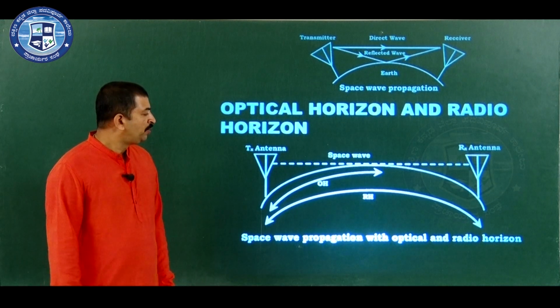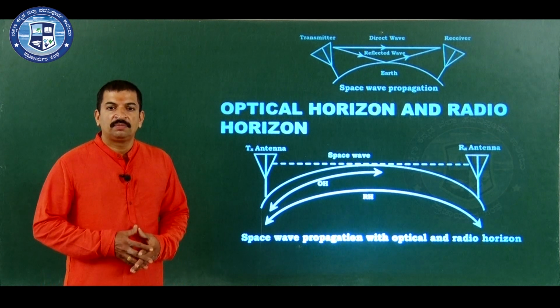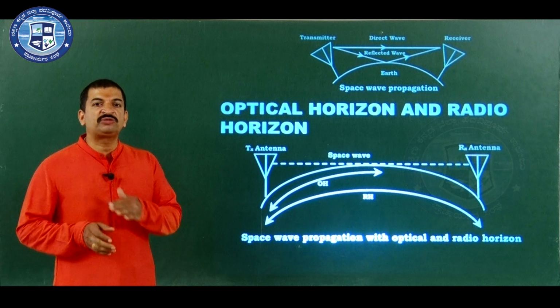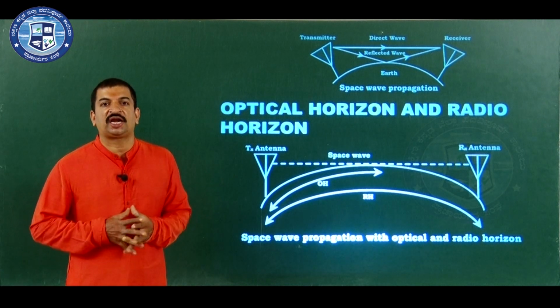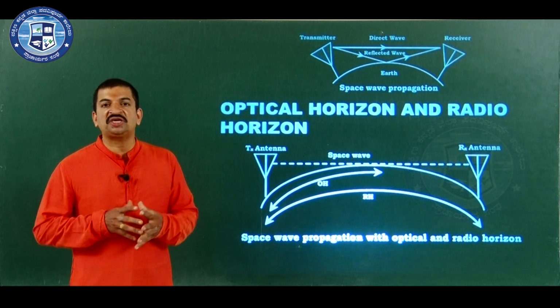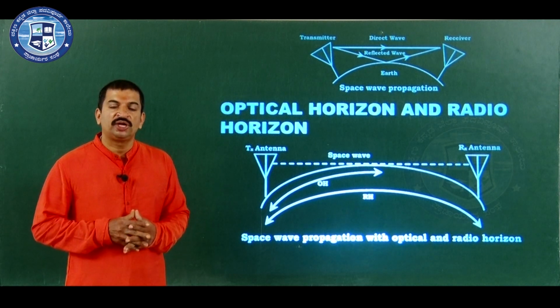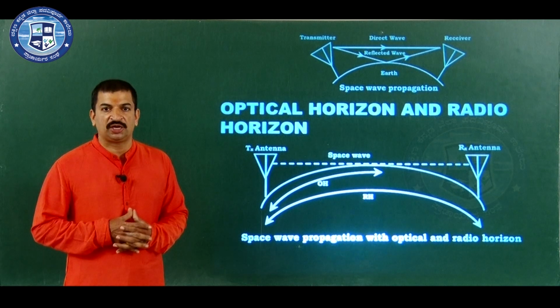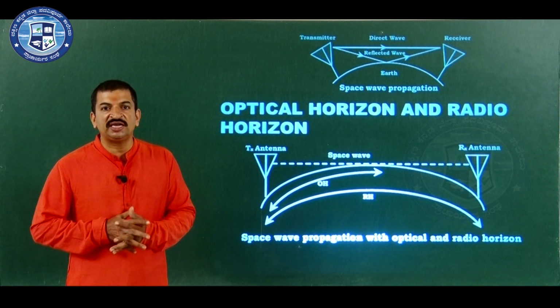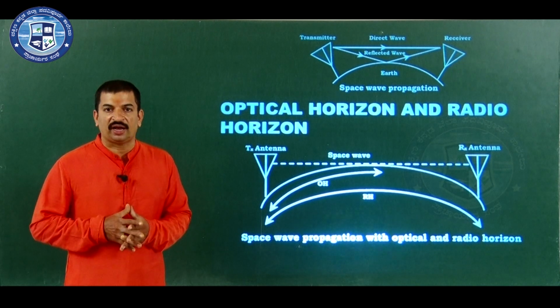Now, you know how exactly the space wave propagates. The space wave propagates only in a straight line. The maximum distance for the propagation of the space waves is called the optical horizon. In other words, you can say that it is the maximum distance visible to the naked eye.